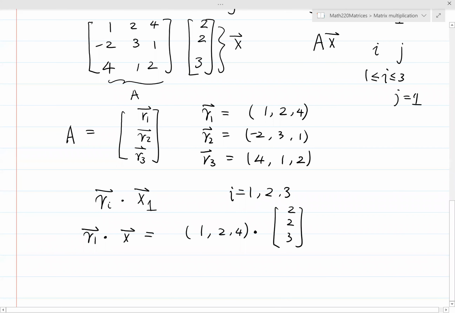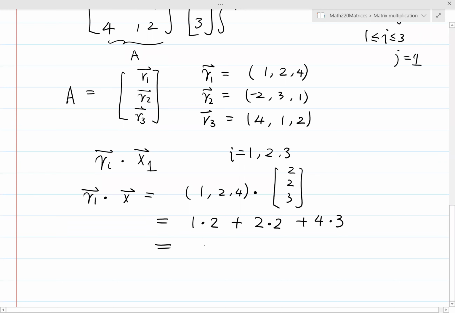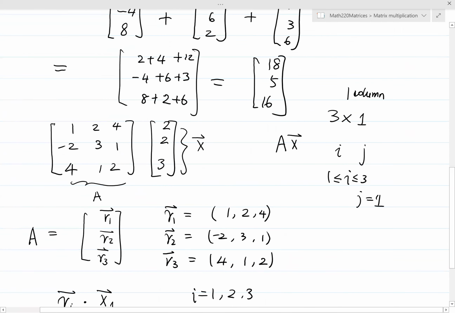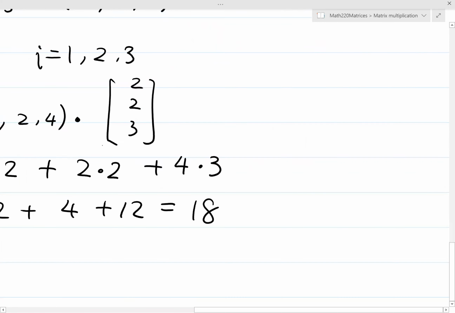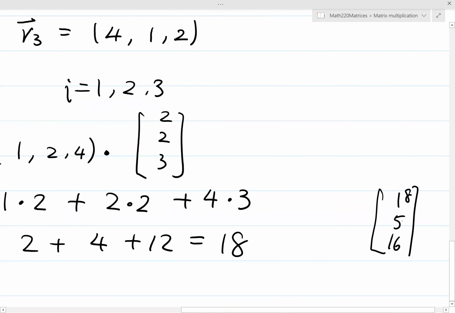Then we get component-wise multiplication: 1 times 2 plus 2 times 2 plus 4 times 3. Now the first row, first column: this is 2 plus 4 plus 12, which is exactly 18. The result we should get is 18, 5, 16.